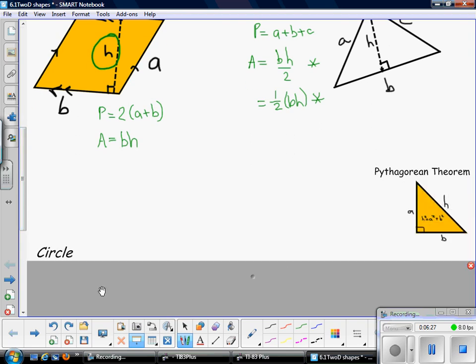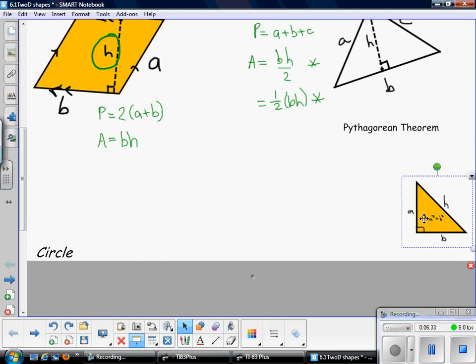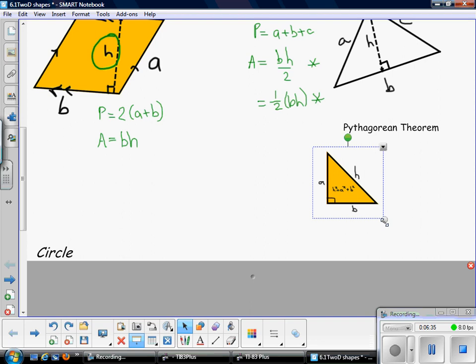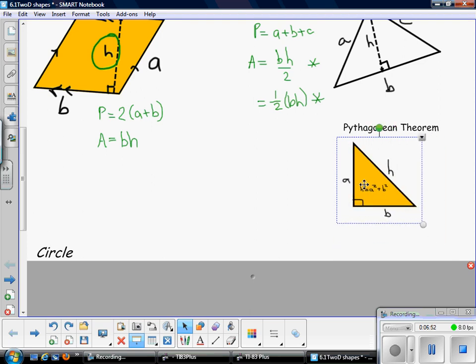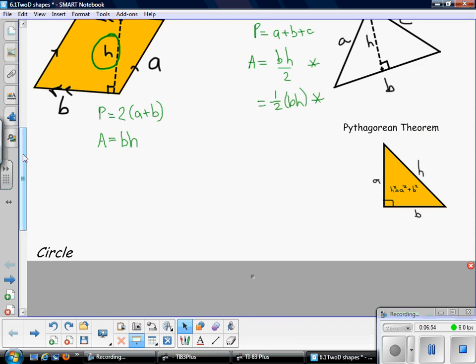The reason I have it over here is because this is kind of a given thing, in the sense that anytime you have a triangle, and especially a right angle triangle, this always comes into play. So if you're missing some piece of information and it's a right angle triangle, you may have enough information to find the unknown that you want. Okay, so that is always in the background of your mind.